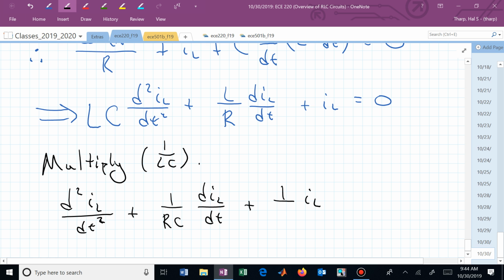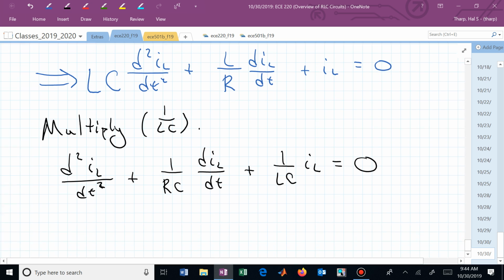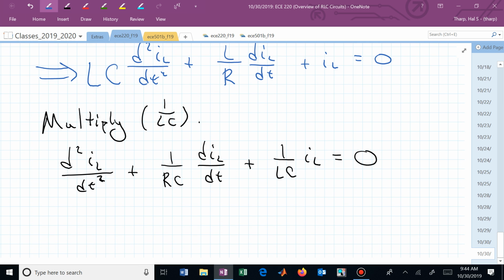That was the resonant frequency squared. So now we have different things floating around that we are comfortable with. RC we've seen before. These are just parameters in this second order differential equation.